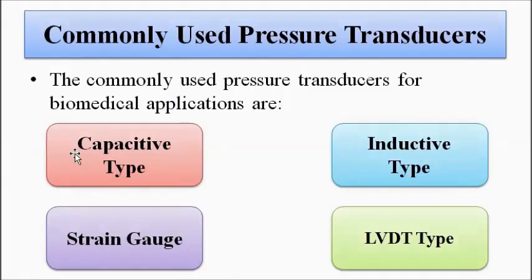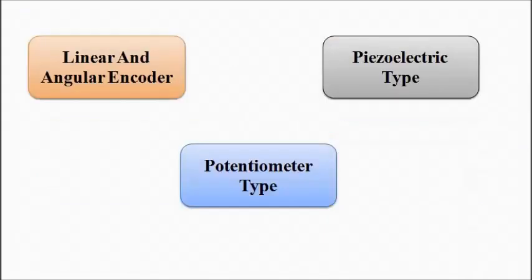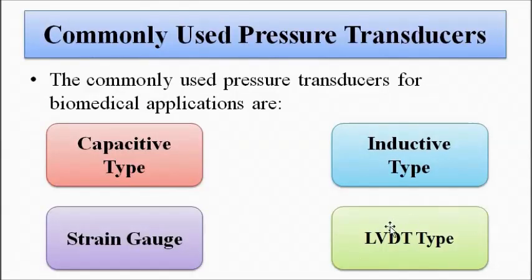We have covered the capacitive type, inductive type, strain gauge type, linear and angular encoders, optical and magnetic type, the piezoelectric type, and the potentiometer type. So in this video we are going to discuss the LVDT type pressure transducers.